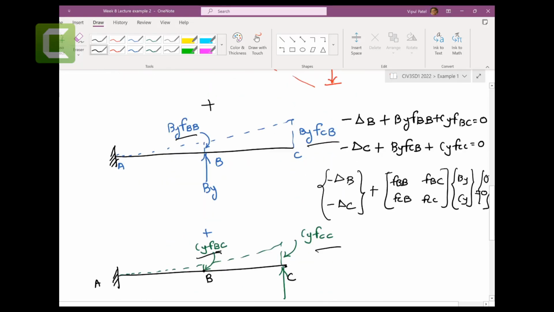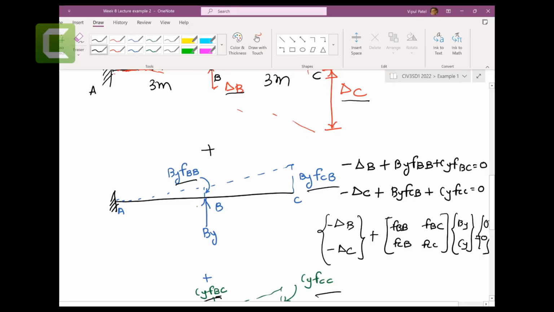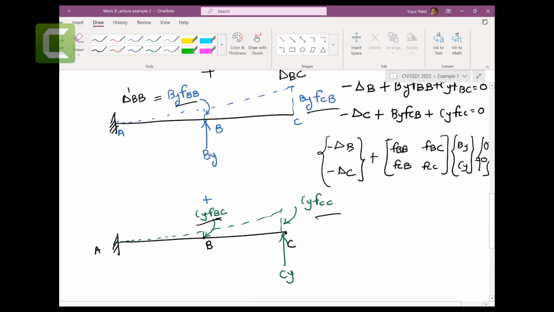The third deflections that we need to find are these ones here. Let's give them names: delta dash BB1 and delta dash BB2, and delta dash BC1 and delta dash BC2.